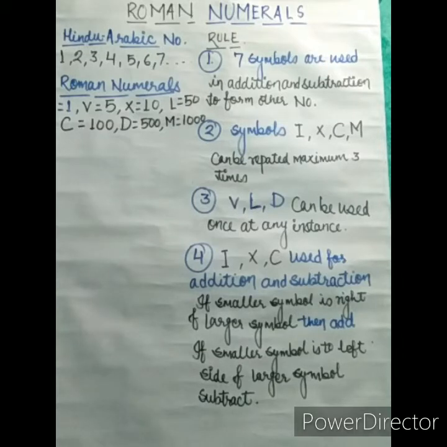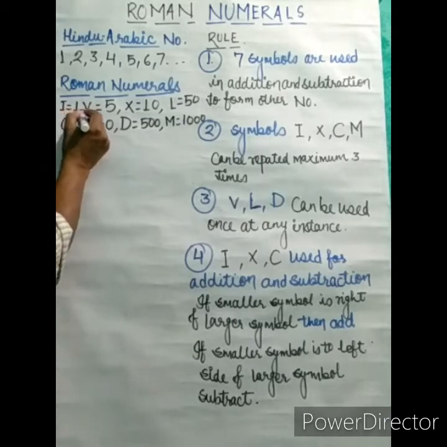With the help of these symbols we can write whole Roman numerals, with certain rules which are given here. One thing I have written in the corner, maybe it is not visible to you. Here I have written I. This is I. I will denote 1. So let's repeat it.